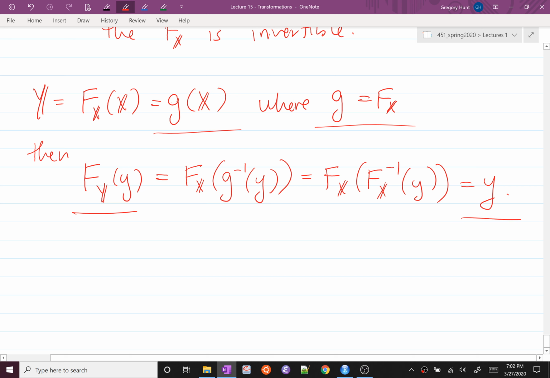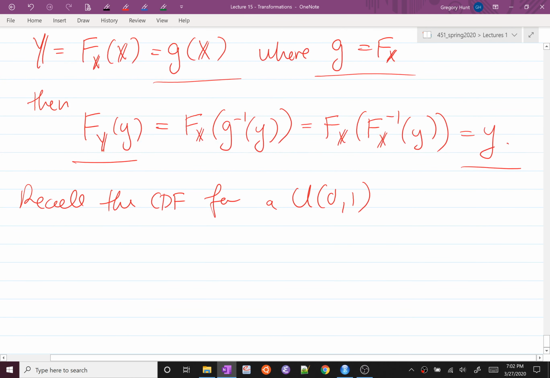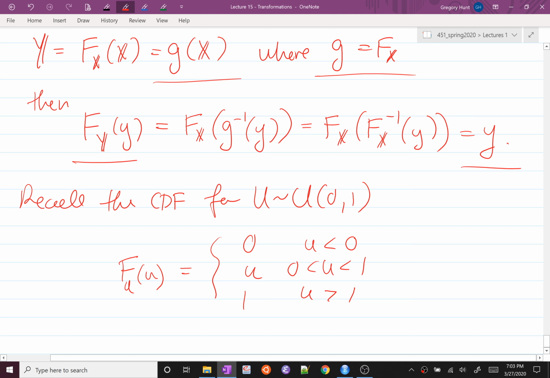Why does that help us? Because the uniform, recall, the CDF for a uniform random variable between 0 and 1, let's say we have U and U is distributed uniform between 0 and 1, F of U is basically 0 if U is less than 0, 1 if U is greater than 1, and just U if U is between 0 and 1, right?